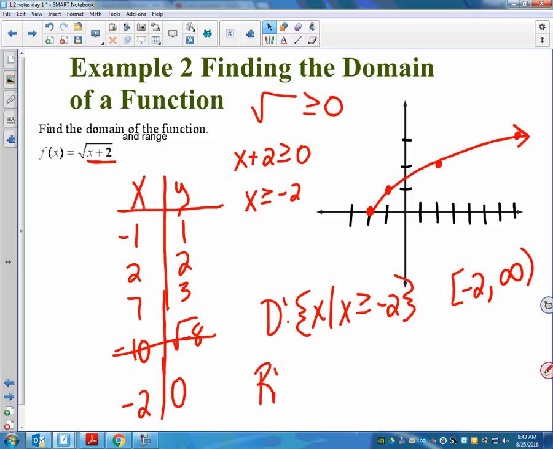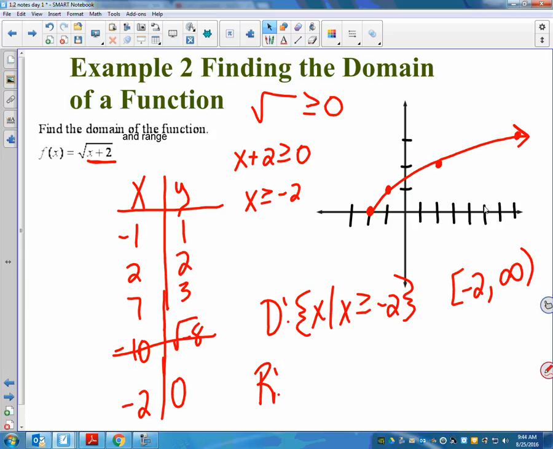And then the range. The range is the y value. So again, if it's graphed, you should be able to look at this and tell me where does the y start or stop, and is it going towards infinity or is it going towards negative infinity? And you're supposed to answer that. What's the lowest y value on this graph? Right?